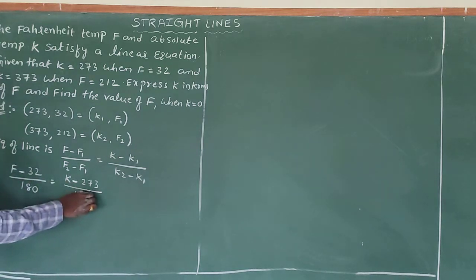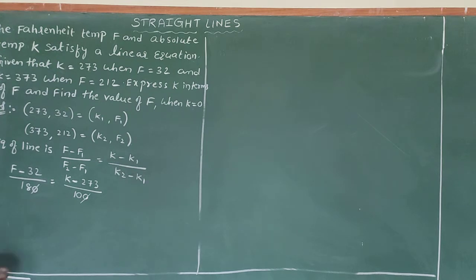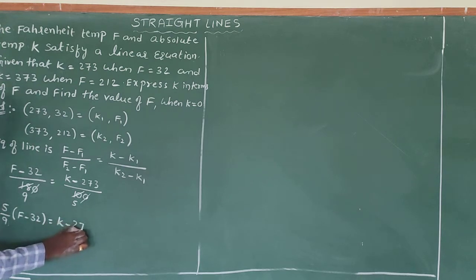So here the 0s cancel. Now here 10 is there, here 18 is there. You can cancel: 2 fives are 10, 2 nines are 18. Okay. Now send this 5 this side. Then 5 by 9 into F minus 32 is equal to K minus 273.